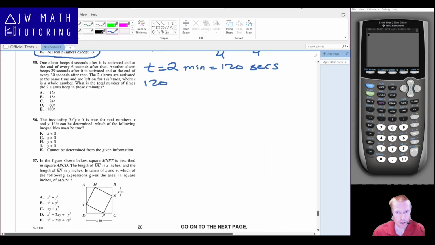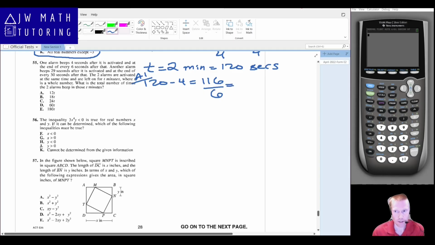So if I take 120 seconds, I subtract 4 from it for the first beep, I'm left with 116 more seconds. Again, this is for alarm 1. I take that, I divide it by 6 because it beeps every 6 seconds.